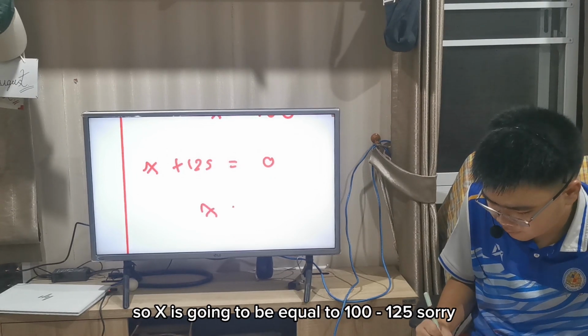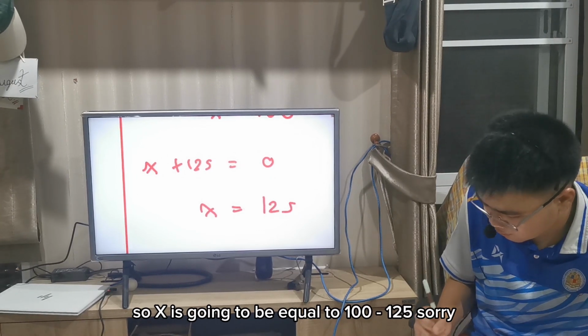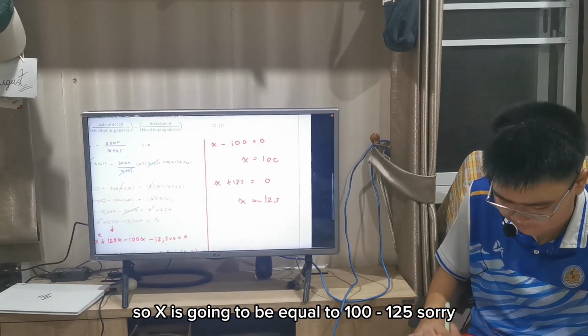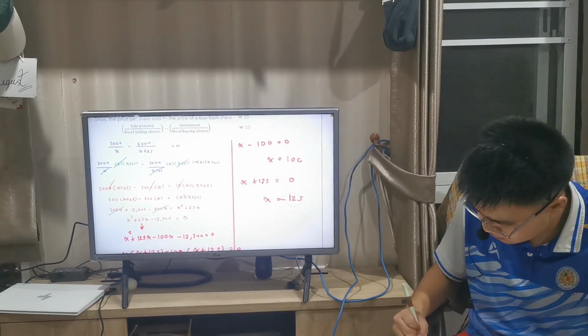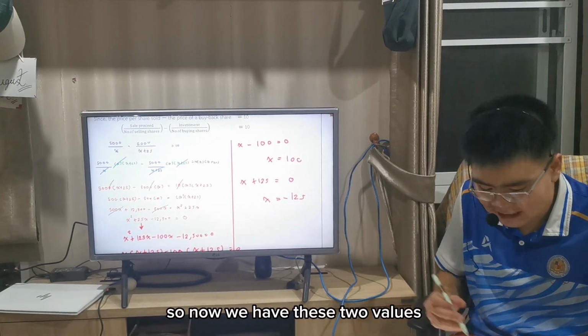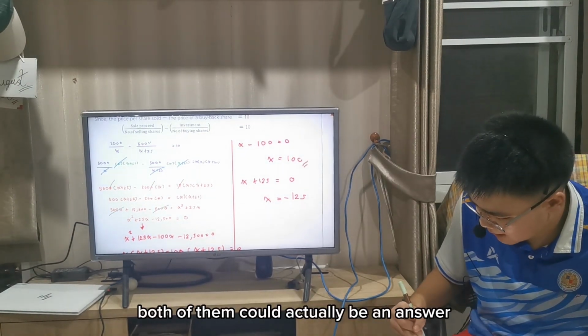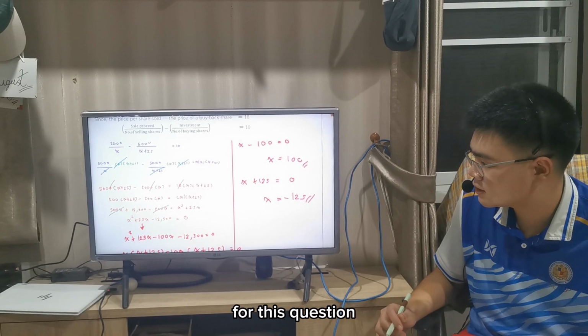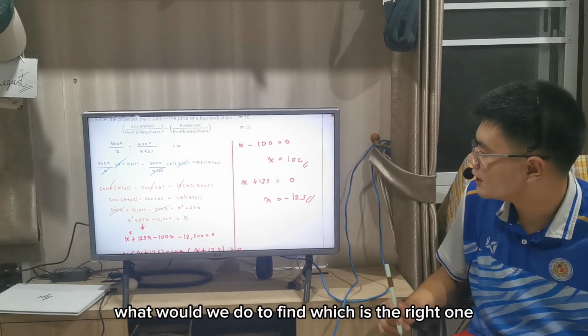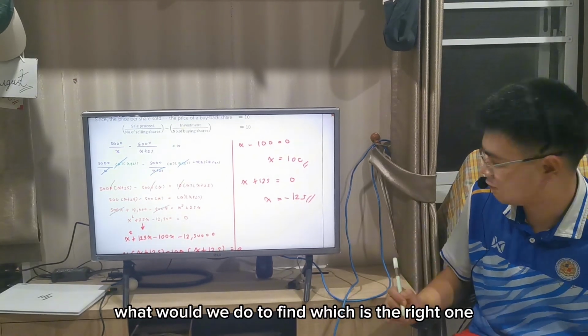So x is going to be equal to 0 minus 125. Sorry. So now we have these two values, which could both be an answer for this question. What would we do to find which is the right one?